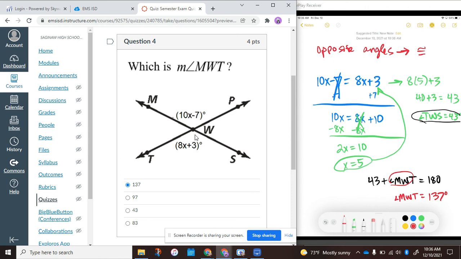And then after we had x, we had to figure out that this angle that was given plus the one we were looking for was 180 degrees. Those were the only two parts of this problem that involved geometry: recognizing that these were the same and recognizing that these two were a linear pair. That's all we had to do for geometry. The rest of this was just how well you can solve equations.